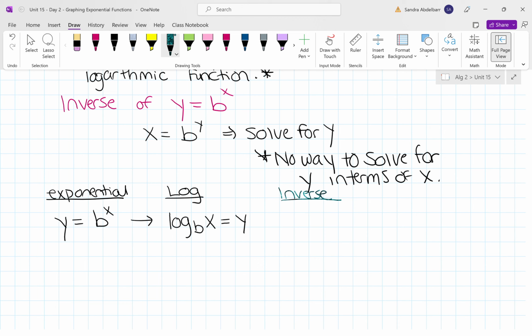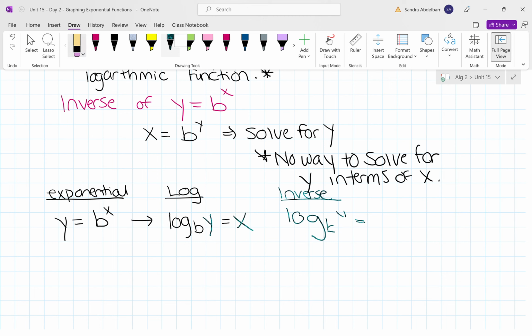So now we're going to have log base b of y equals, hold on, I mixed this up, didn't I? This was log base b of y equals x.